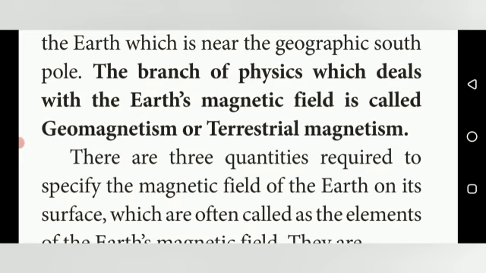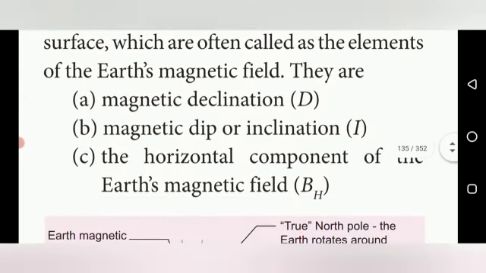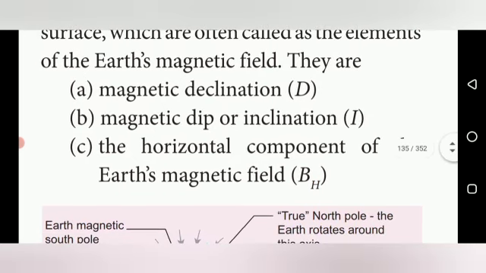There are three quantities that describe the magnetic field at the Earth's surface, which are the elements: magnetic declination, D, magnetic dip or inclination, I, and the last one is the horizontal component of the Earth's magnetic field, B_H. These are the elements given. We have to see them one by one.